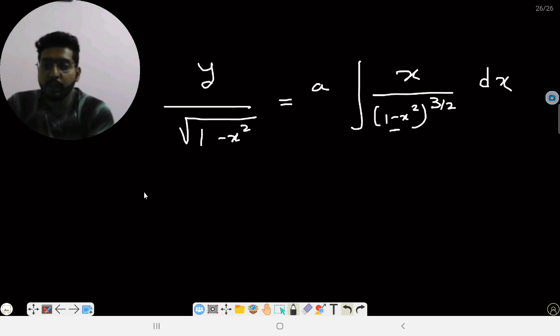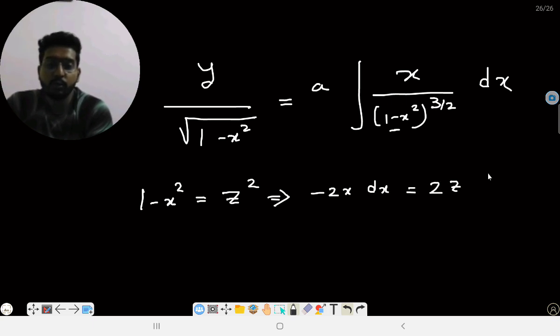How to solve (1 minus x square) whole to the power 3 by 2? So here we have to take 1 minus x square as z square. Now differentiate this one, that will be minus 2x dx, that is 2z dz. So that will be dx equals z by minus x dz, like this.